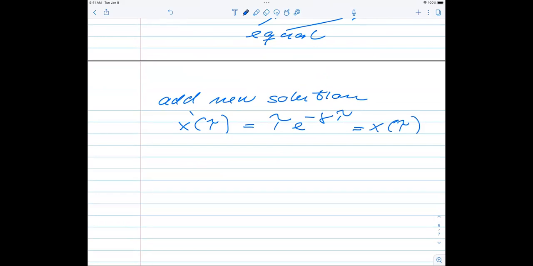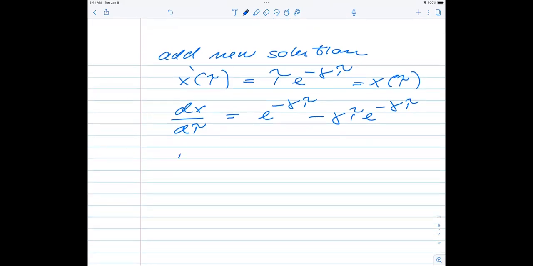So I take the derivative, dx of d tau, which enters the velocity term. This is simply e to the minus gamma tau, and using the chain rule, minus gamma tau times e to the minus gamma tau. So that's the first derivative. I can now take the second derivative, and then plug everything back into the differential equation.